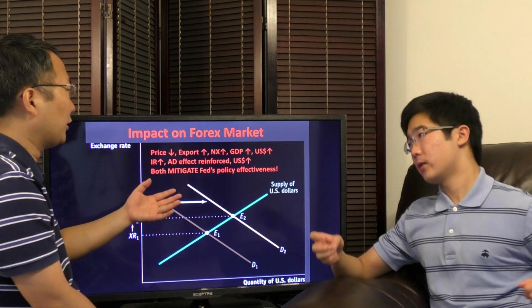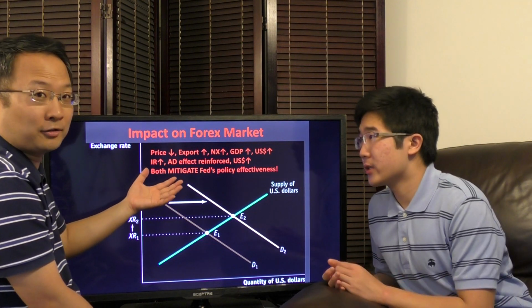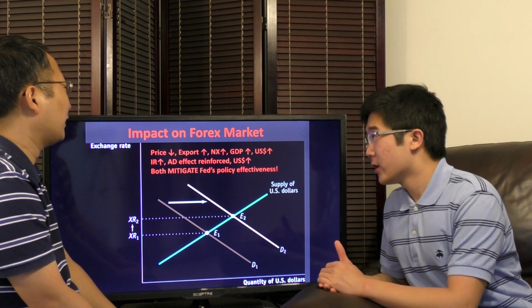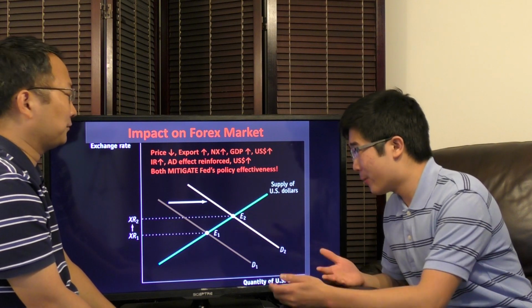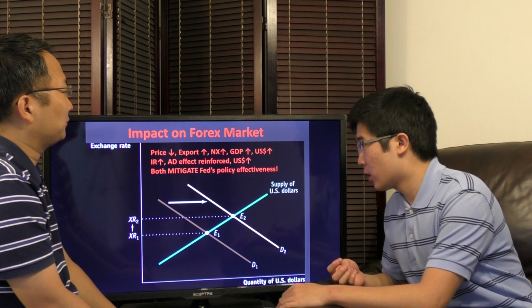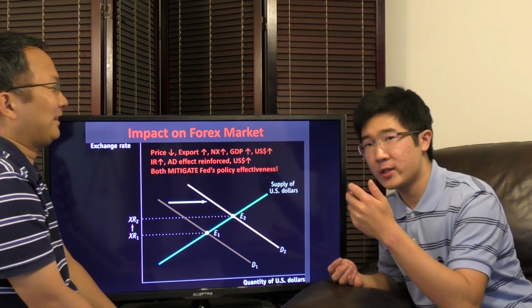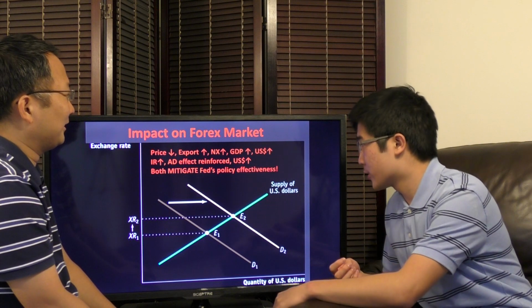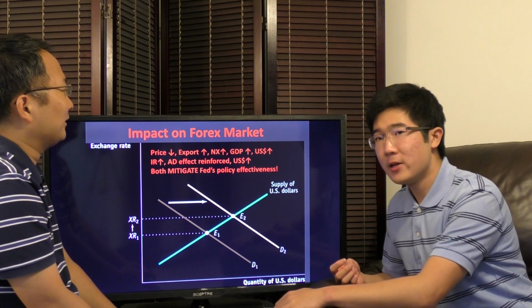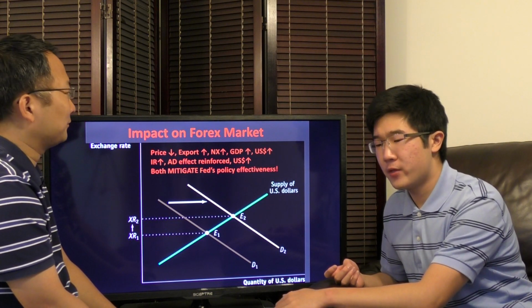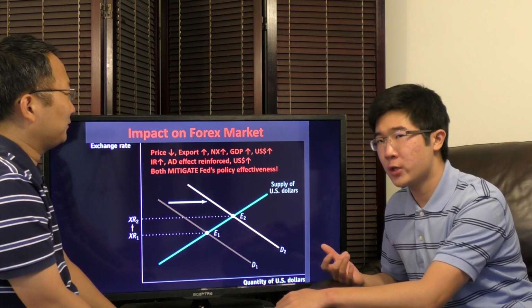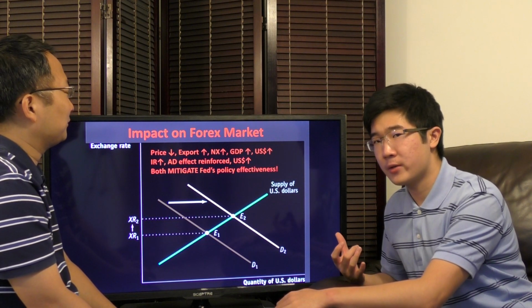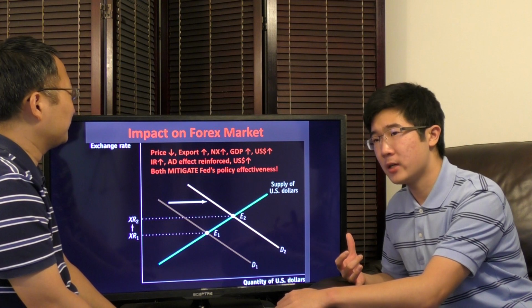They come to take advantage of the higher U.S. dollar interest rates. It's basically hot money. And so this hot money will cause our economy to increase because we see an increase in investment. What this does is mitigate the effectiveness of the Fed's contractionary policy. So the Fed, in this open environment, will have to increase interest rates even higher than they would have in a closed environment to have the same effect.